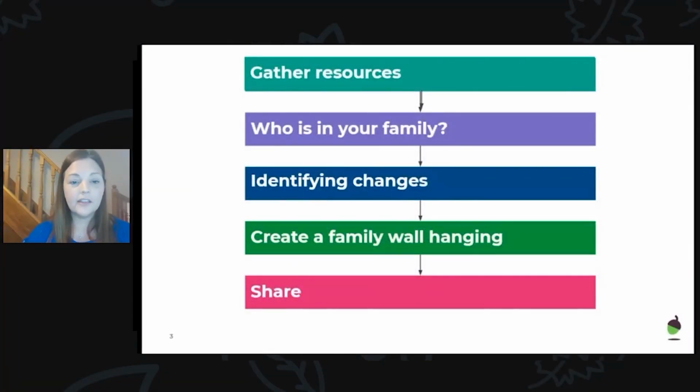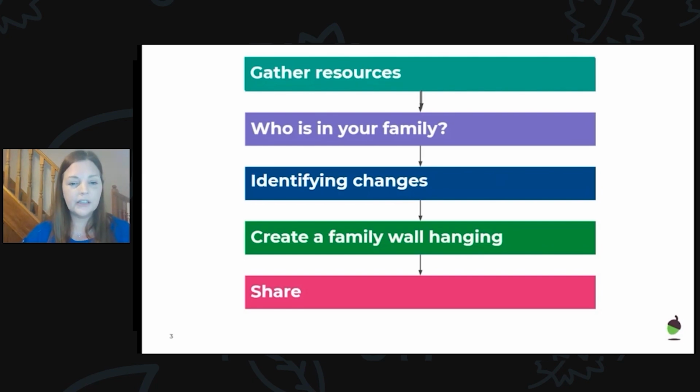So the first thing that we're going to need to do today is gather some resources, because a little bit later in our lesson, we're going to create a family wall hanging. First, we'll gather some resources. Then we'll think about who is in your family and I'll share with you who is in my family.